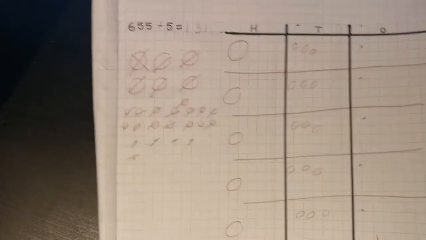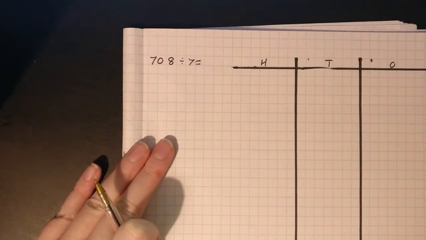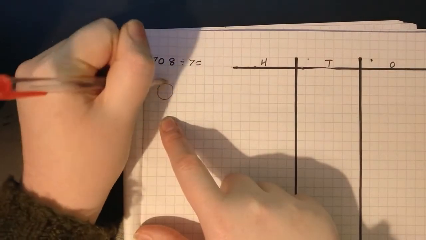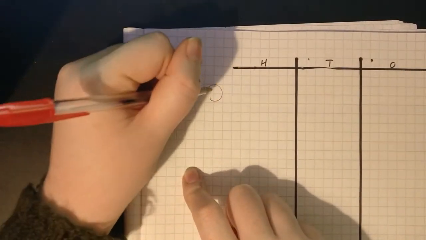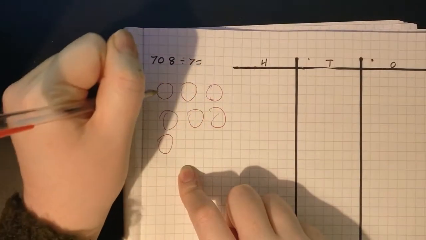Let's look at one more example before we have a go ourselves. Here we have 708 divided by 7. So let's draw it out. 7 hundreds.